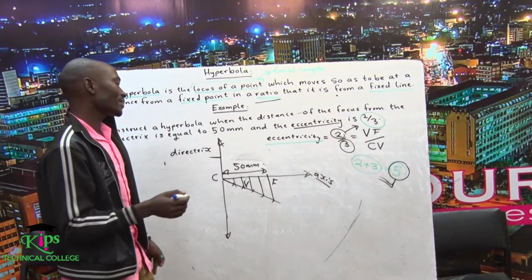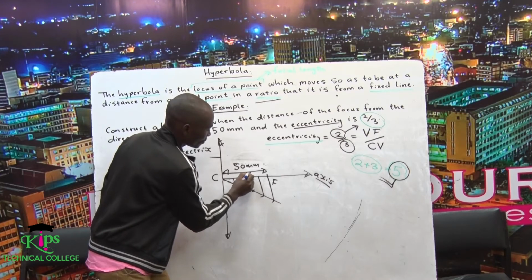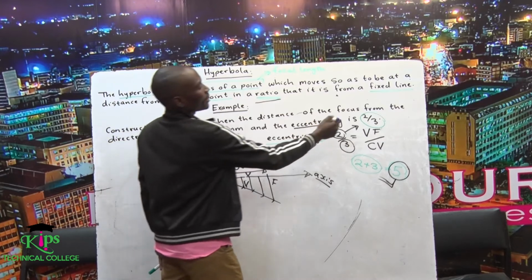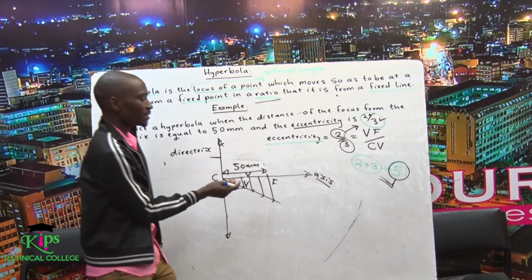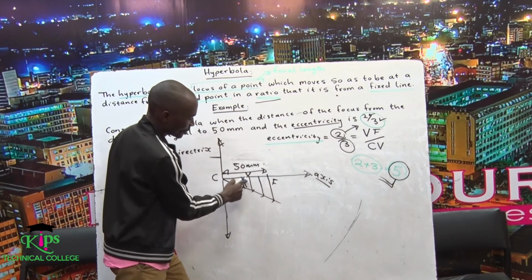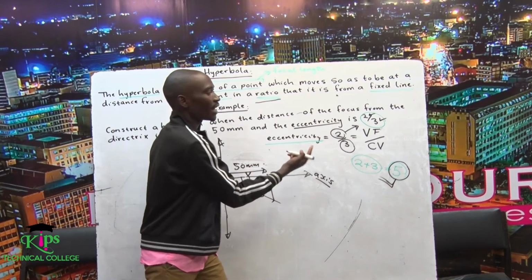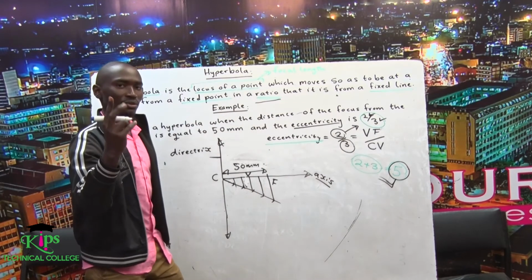So again, I said that because it is a ratio, since it is a ratio and you have been given 2 over 3, I said 2 represents the distance in between F and V, and the distance in between F and V, for instance, you have been given it is 2 units.